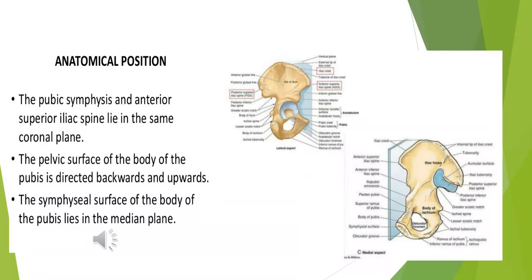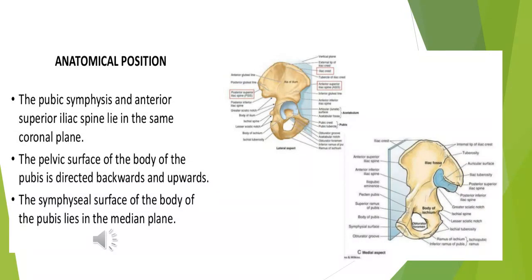So the pubic symphysis and the anterior superior iliac spine should lie in the same coronal plane, and we can touch both these ends on a wall. The pelvic surface of the body of the pubis should be directed upward and backward, and the symphysial surface should lie in the median plane.